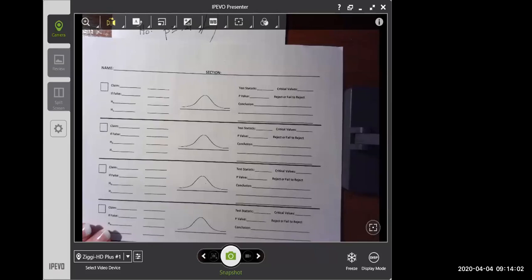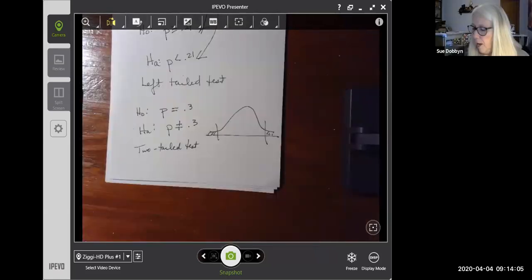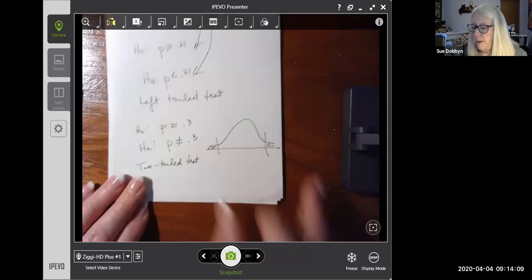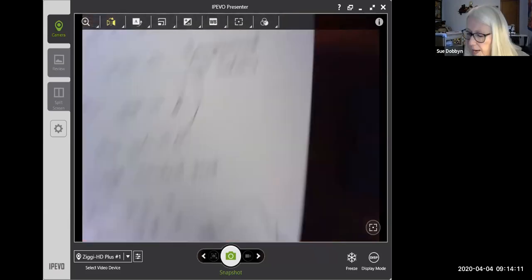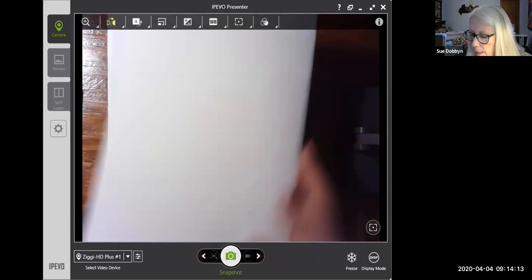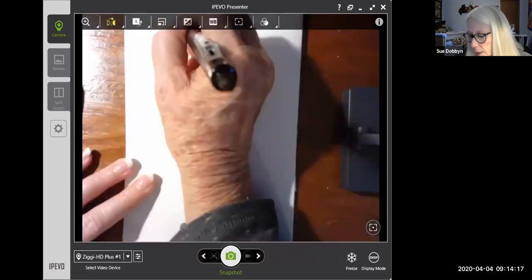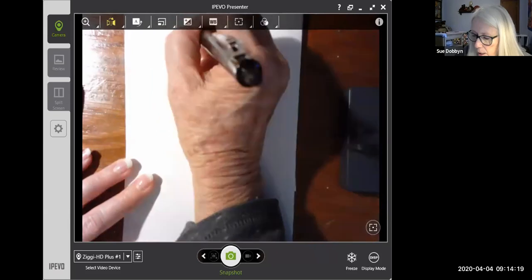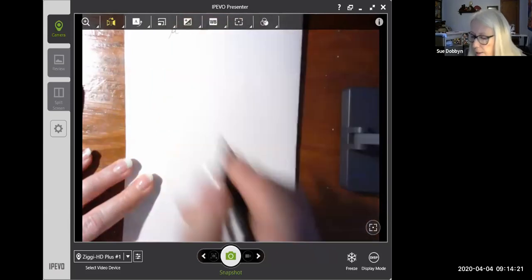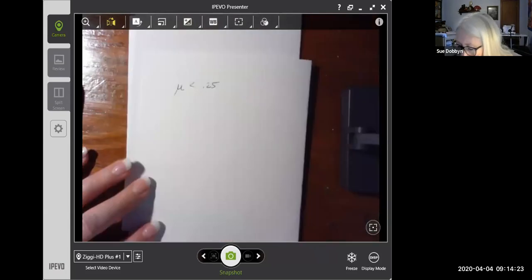Okay, so the next problem in Pearson says, if I know that the claim is mean is less than 0.25, okay, which is how you would write that. This is the claim.